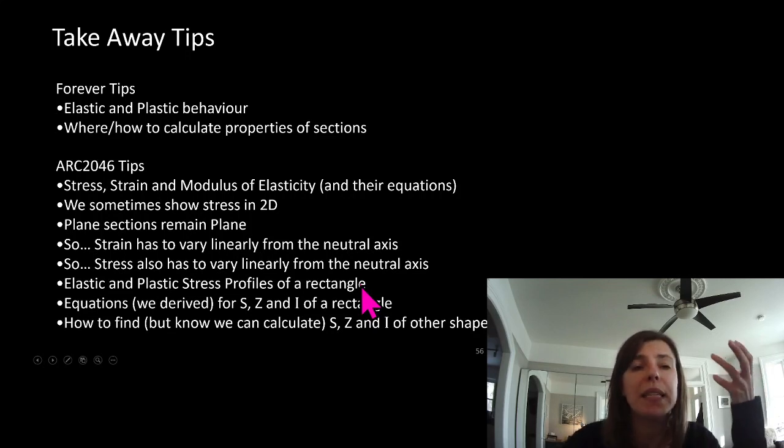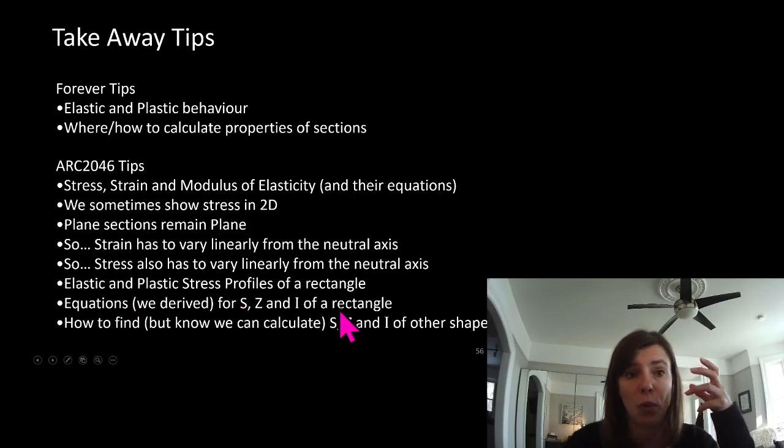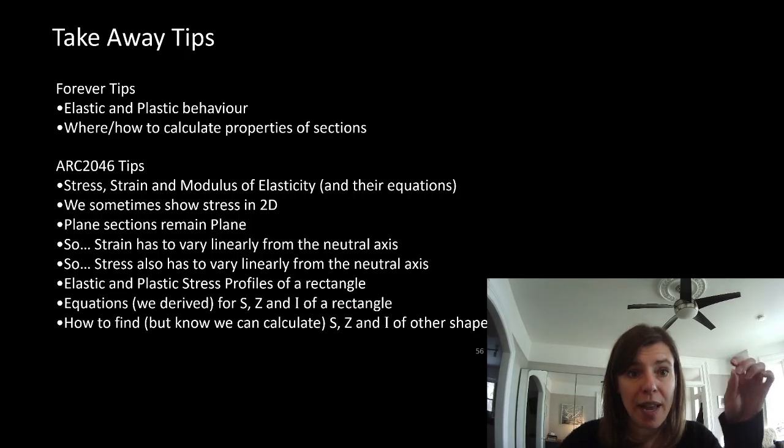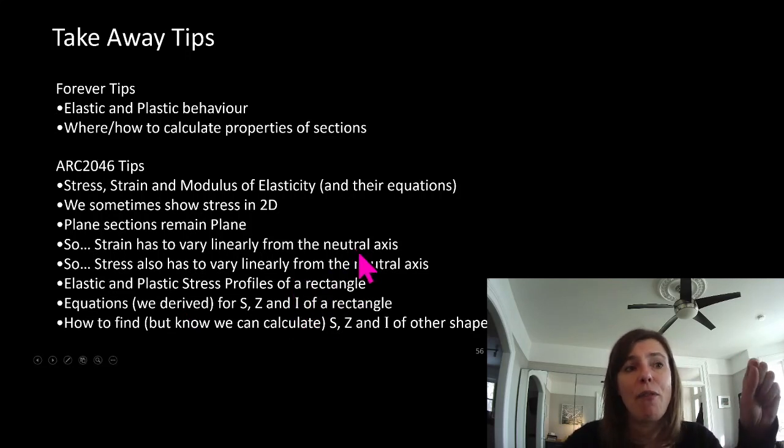You should at least recognize what those look like. And equations we derived for S, Z, and I of a rectangle. You should know BD squared divided by 6 and BD squared divided by 4.